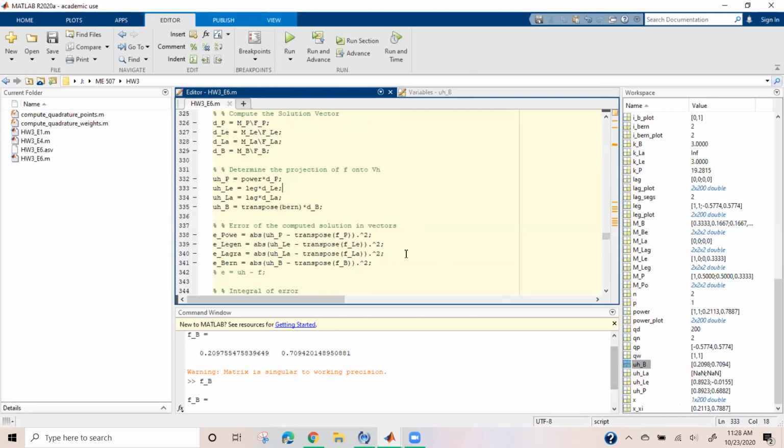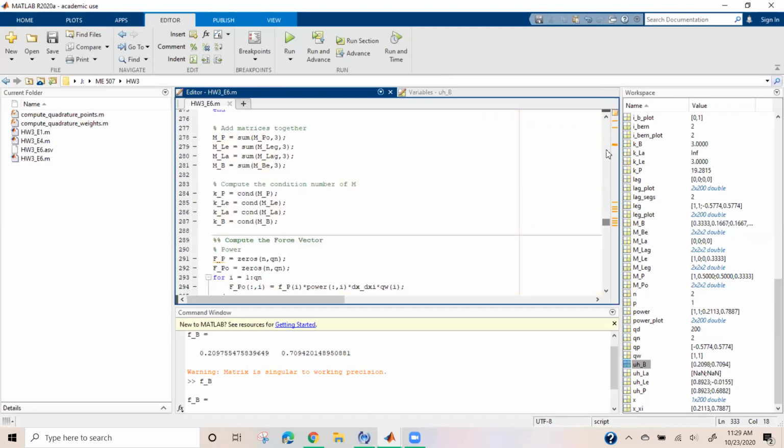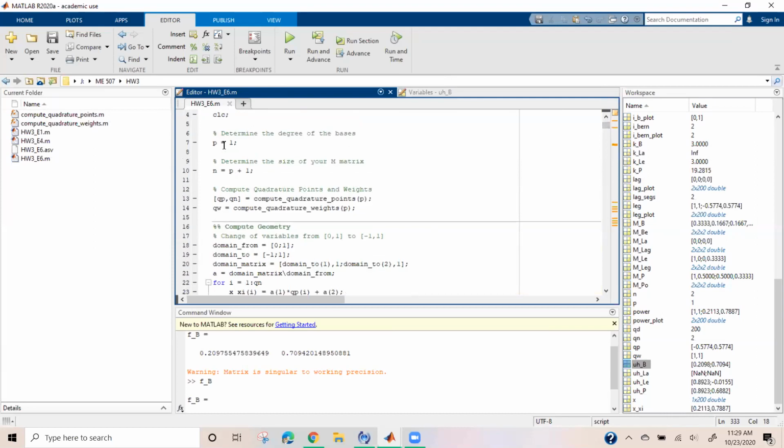Yeah, go ahead, Kyle. Should there be more quadrature points for computing the error? Because really all that we're doing is we're getting the error at 2 points. Yeah, because the sine function is, can we do linears with like 5 points or something? So just keep the degree at the base P1.